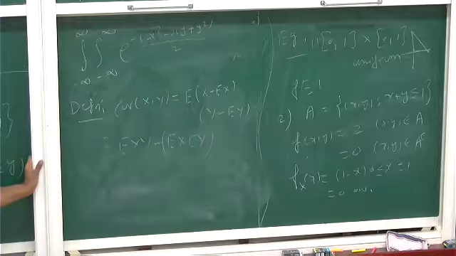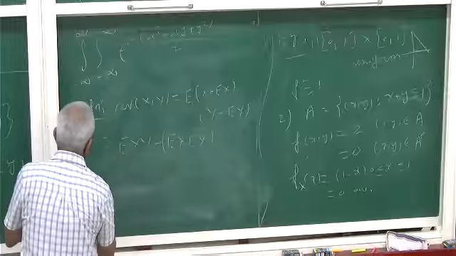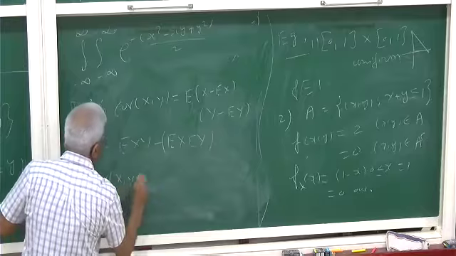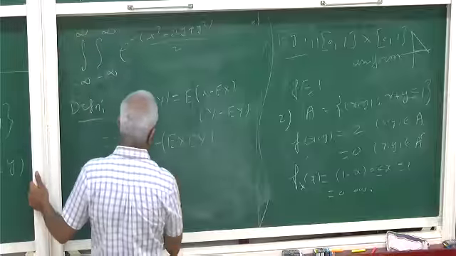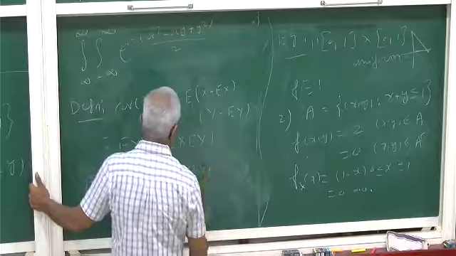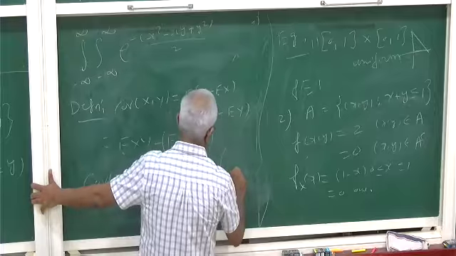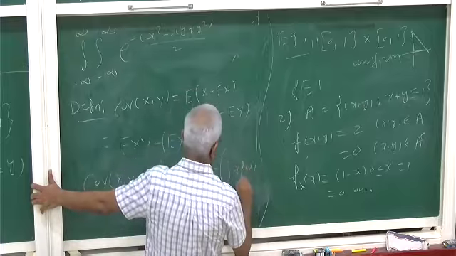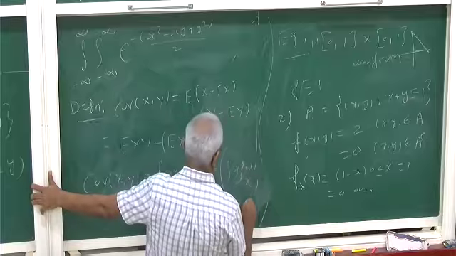We have already defined it for the discrete case; there is no difference. So covariance of xy is the integral of xy f of xy minus the integral of x f of x dx times the integral of y f of y dy.